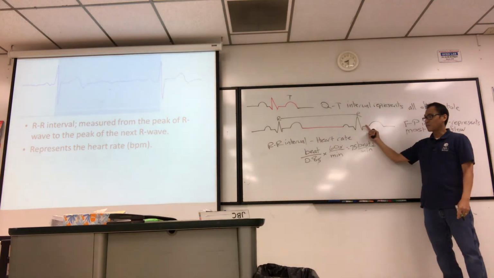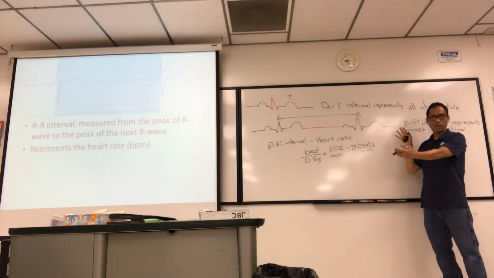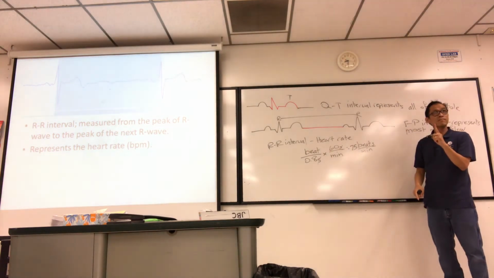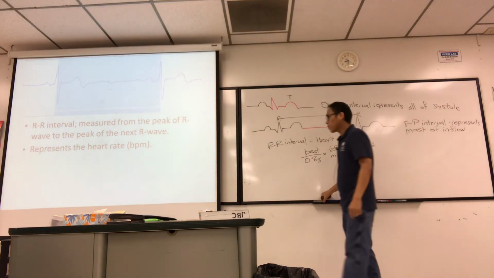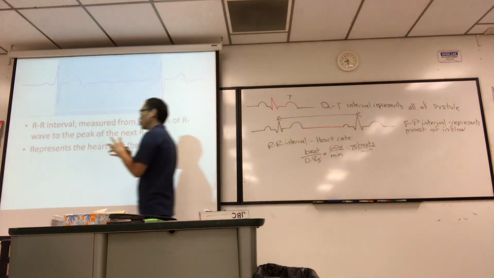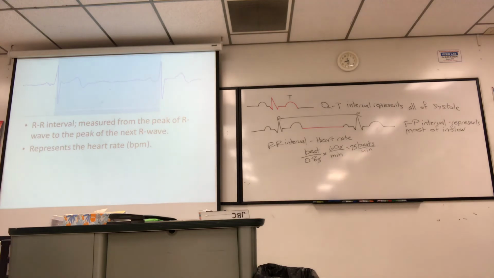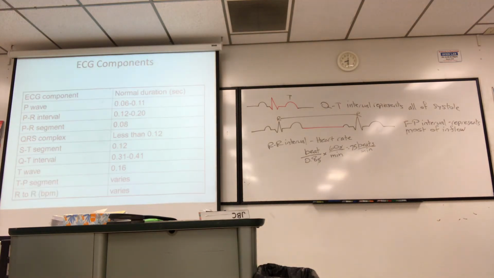What do you expect R to R to be? What's the relationship? Will this be longer or shorter? Longer, right? Maybe a full second. And then your heart rate's 60 beats per minute. Maybe longer than a second. With each heart rate, some people have stronger hearts. Good for you.